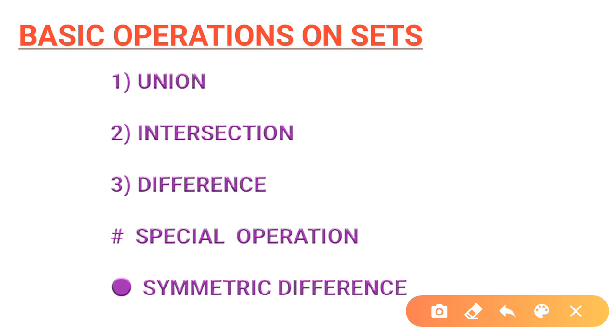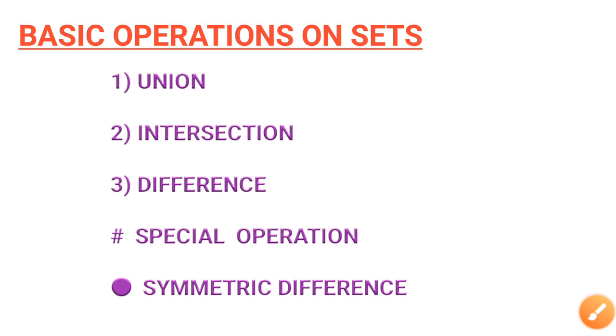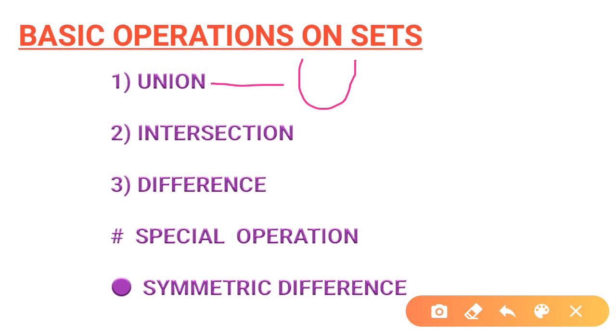Those are union, intersection, and difference. Union is denoted by the symbol ∪, intersection by ∩, and difference means minus.